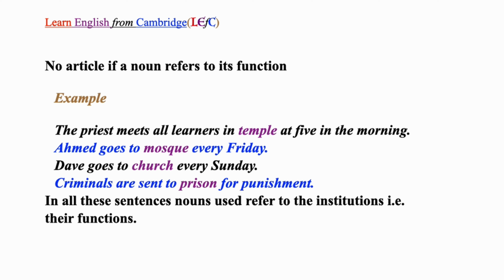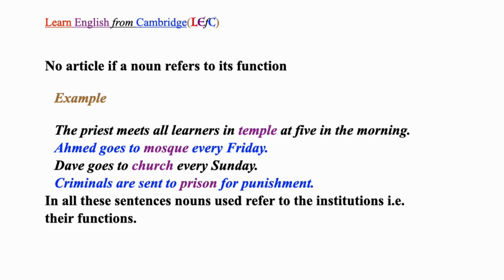For example, the priest meets all learners in temple at 5 in the morning. Ahmed goes to mosque every Friday. Dave goes to church every Sunday. Criminals are sent to prison for punishment.